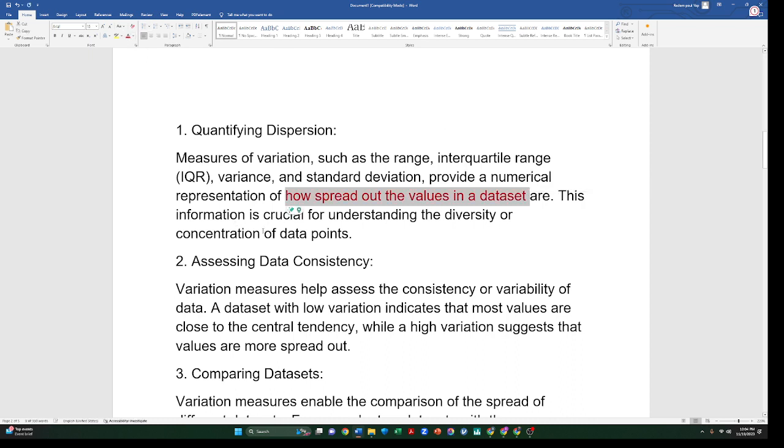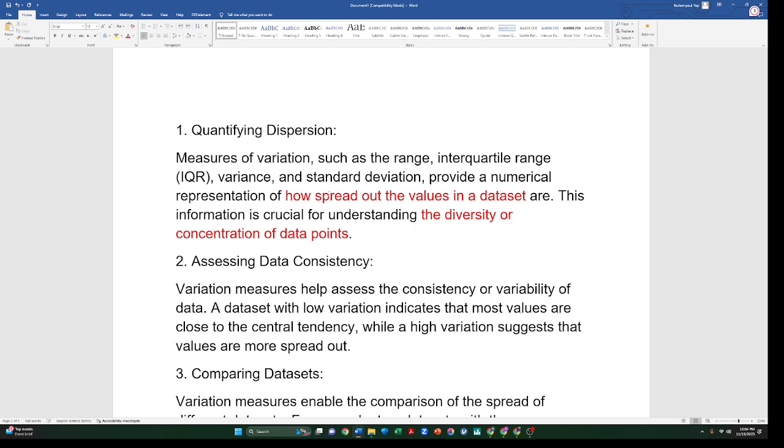This information is crucial for understanding the diversity or concentration of data points. So with data, like the scores of students, or the sample sizes in research, or different ideas in a survey, it measures how spread out the values in the data set are.